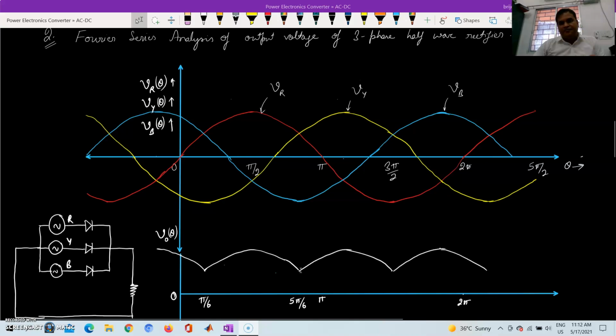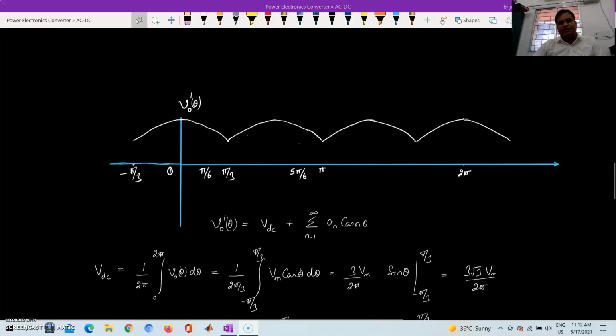To make it an even function, we can draw this output voltage waveform in this pattern with the y-axis here. Now f(θ) will be equal to f(−θ). The advantage of making this an even function is that the Bn term in the Fourier series is eliminated. Let us say this is V0'(θ). Now the output voltage can be written as VDC plus the summation of n from 1 to infinity of An cos nθ.